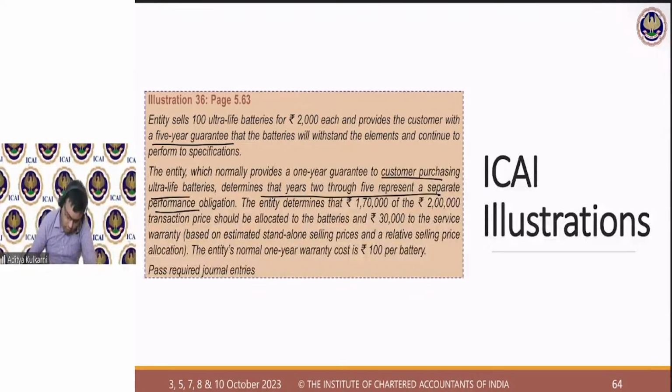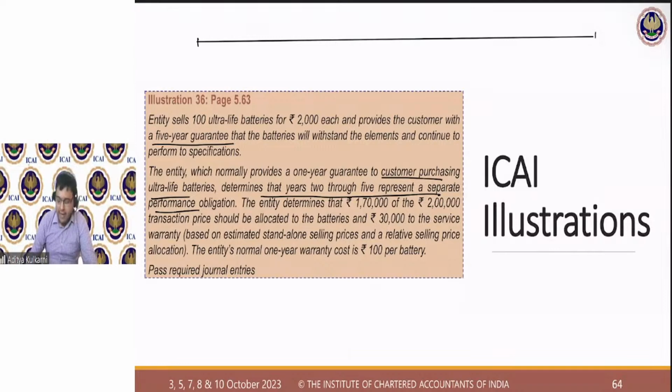Okay. So now we are having batteries which were acquired on 1st April 20X1. Now, when these batteries were acquired on 1st April 20X1, they come with a 5-year warranty. So X2, X3, X4, X5, X6.